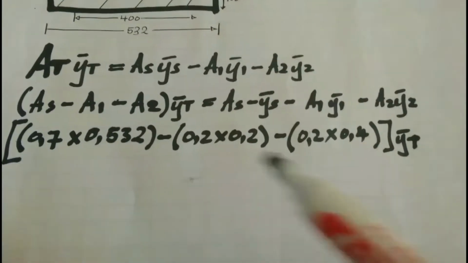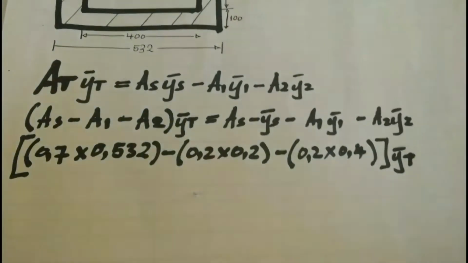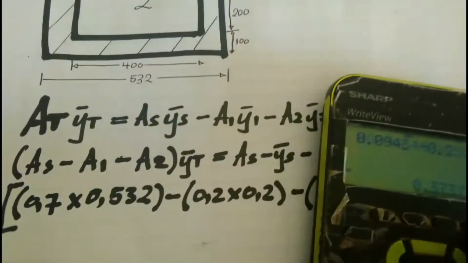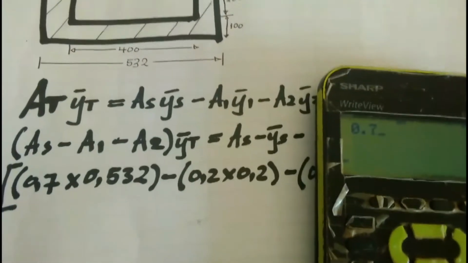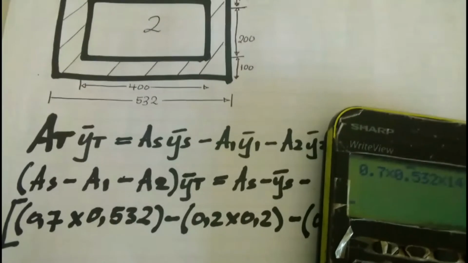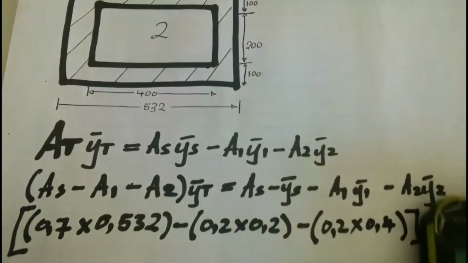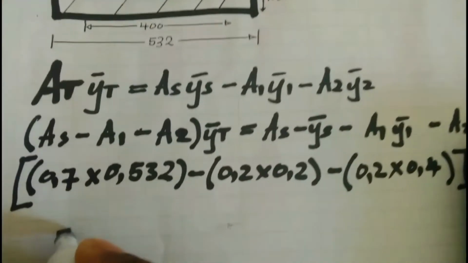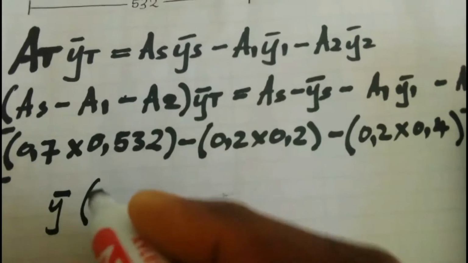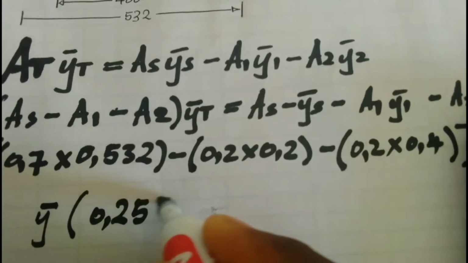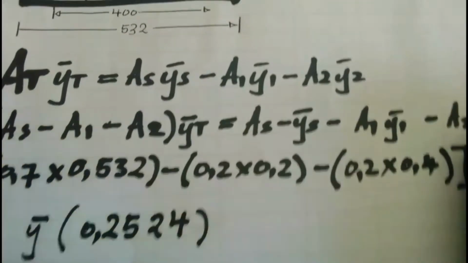So we're going to punch this whole thing in the calculator and equate it to the whole equation, right? So if we come with the calculator, 0.7 multiplied by 0.532, and subtract that, we get something like, say, Y bar, it's 0.2524, yeah.